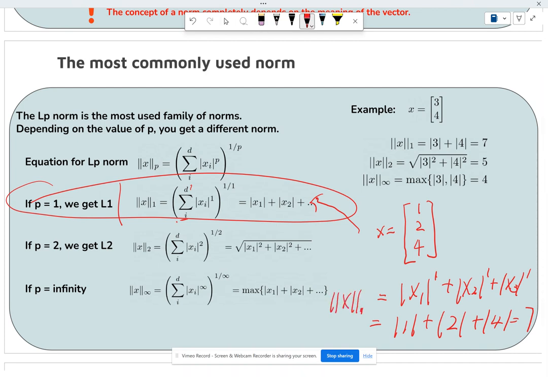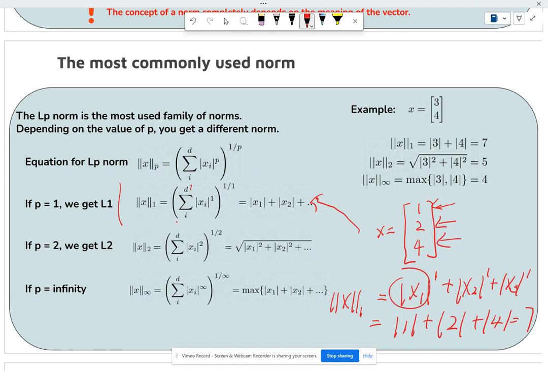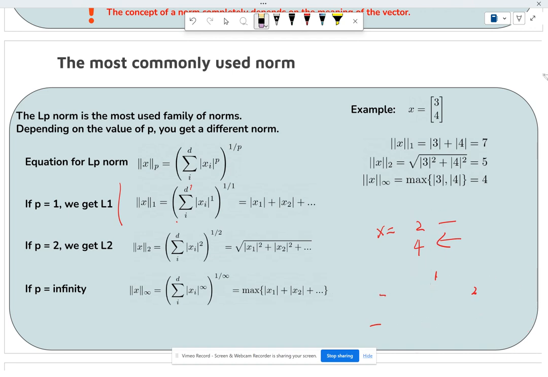See, I write the 1 here so you know which norm it is. Okay? That's how you interpret this. You're summing up every one of them, one at a time, taking the absolute value, and then taking the power of 1.